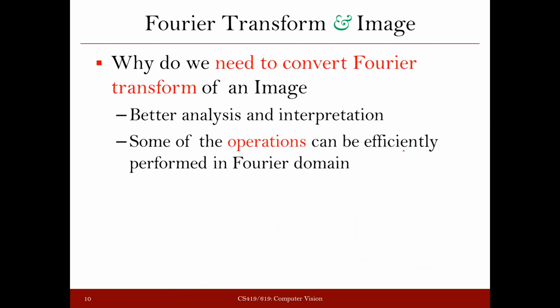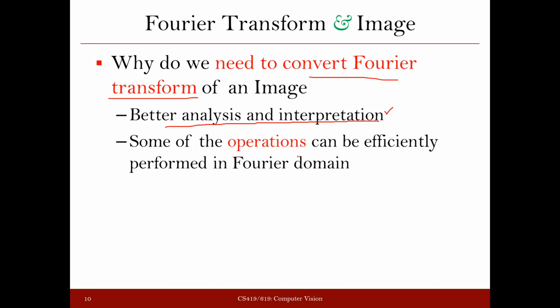Now the question comes: why do we need to convert a given image to the Fourier domain? Why can't we directly work on the original pixels? What is the need of going from the real domain to the frequency domain? We'll see that in many cases we get better analysis and interpretation of images if we convert them to the Fourier domain. This is one advantage.